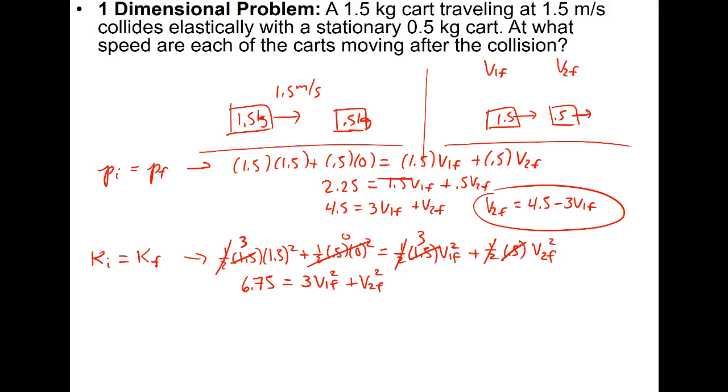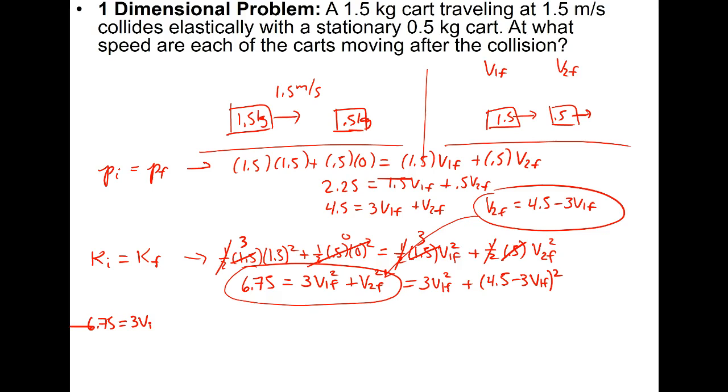Okay, so you might notice at this point that we still have two variables and we have two equations. So we're going to take V2 final and actually plug it in right here. So that's going to be 3 V1 final squared plus the quantity 4.5 minus 3 V1 final, squared. Let's evaluate that. So on one side we have 6.75.